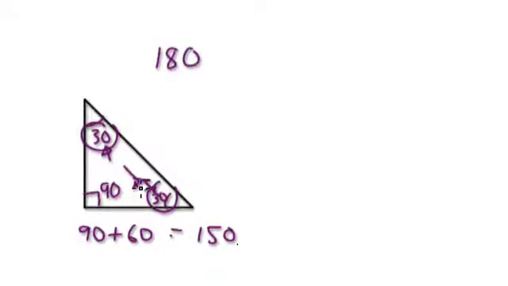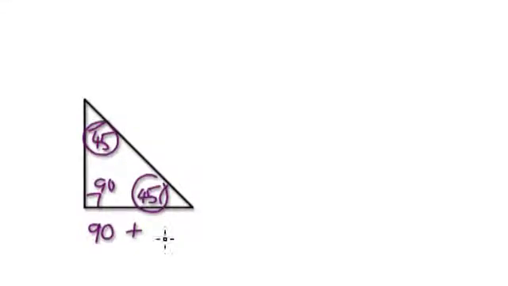So this cannot be 30. It has to be 45, because 90 plus 45 and 45 is 180. So if you add up all the angles here, it comes to 180 basically.